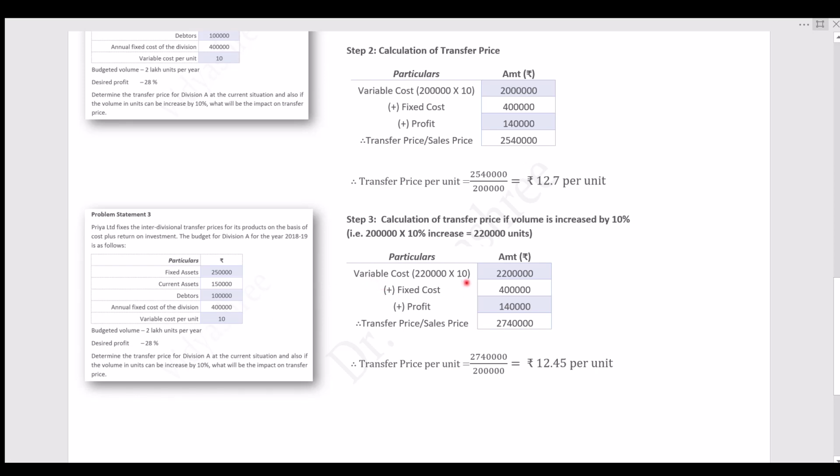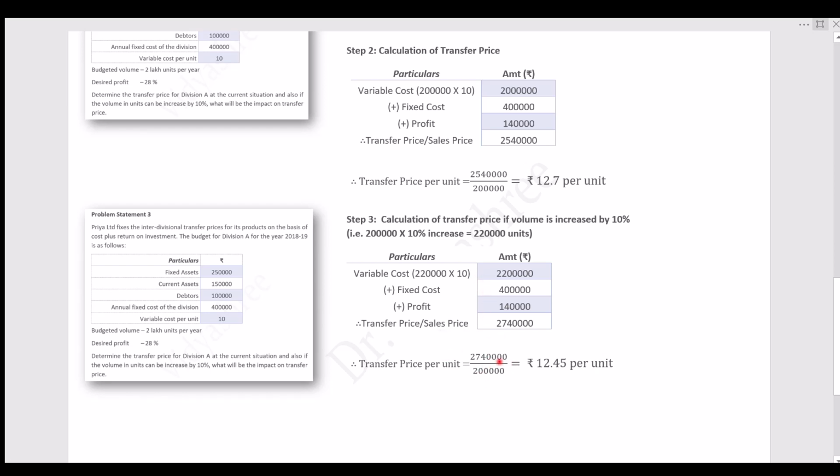But here carefully observe, the production units is not 2 lakh but it is 2,20,000. Because 10% is increased, take 2,20,000 into 10, you got this much. Then the fixed cost will not change, so just take the same as given in the question, and the profit which you have calculated also remains the same. Just add all the three, you will get the sales price.